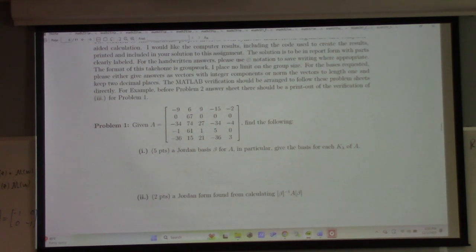A Jordan basis, what is that? You're looking for, so, you said we had eigenvalues 6 and 7, and they're both repeated, right? That means that there are at least 2 eigenvectors to put in the Jordan basis, right? Now, what are the possibilities? Wait, this is a 5 by 5. Yeah, so there was 6 and 7.